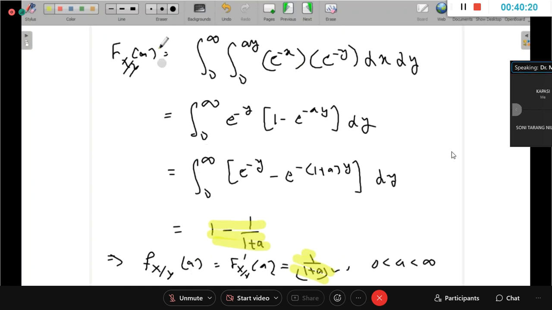You are differentiating with respect to A here because you have evaluated with respect to A. At point A, the derivative is 1 upon (1 plus A) whole square, which will give you the PDF of X by Y for A greater than 0, otherwise 0. So you can work with this. If you have any doubt, you can ask.